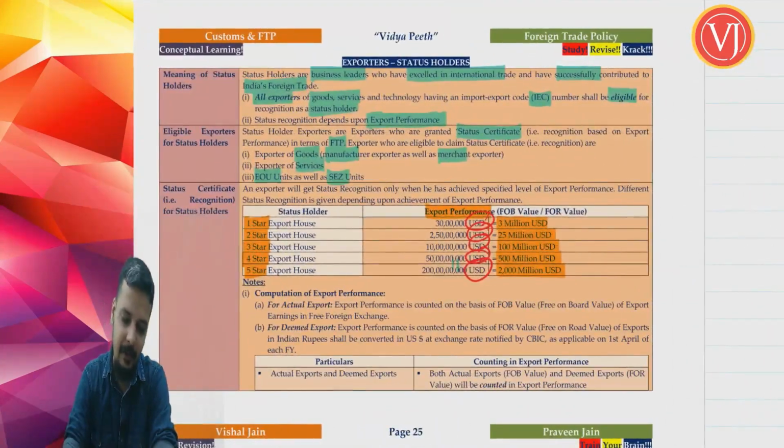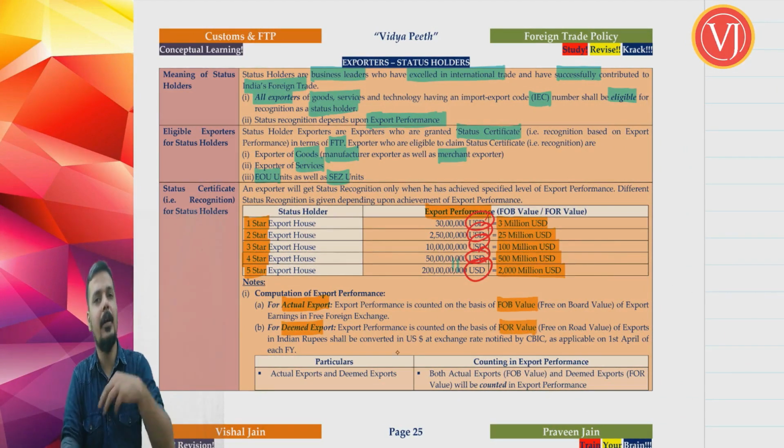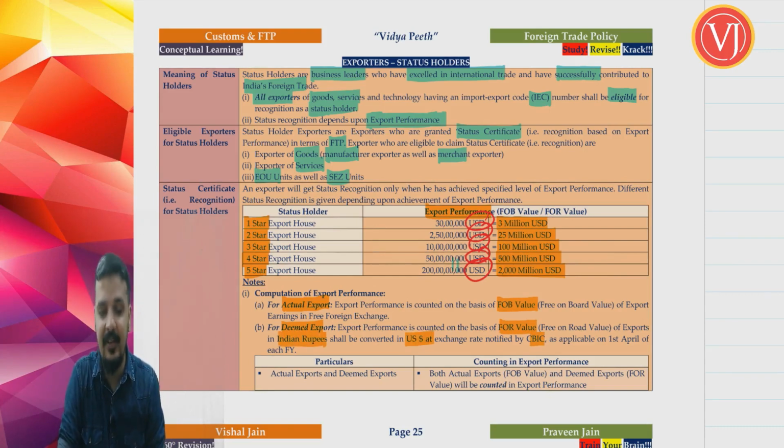Because for your actual exports, you have FOB value, free on board value. For your deemed exports, you go by FOR value, free on road value, which will require conversion from Indian rupees to US dollars. That will be based on the CBIC exchange rate notified on 1st of April of every financial year.